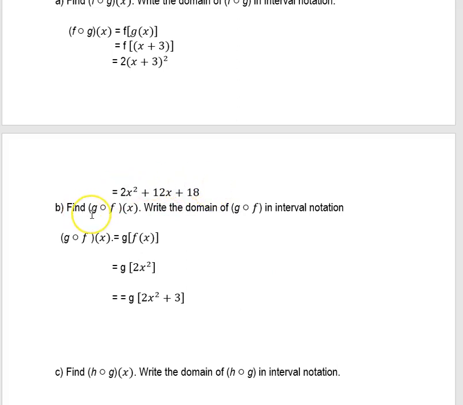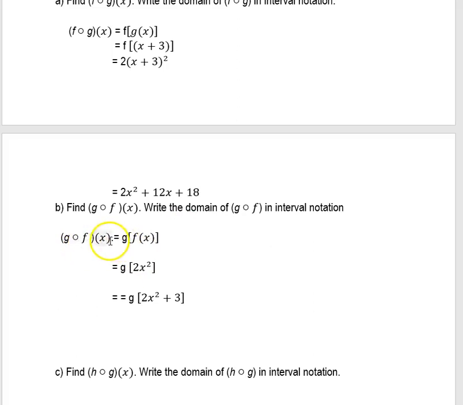Let's look at the second part of that. Still looking at the g composite f of x, write the domain of this as g composite f in the interval notation. We're going to be doing that also.